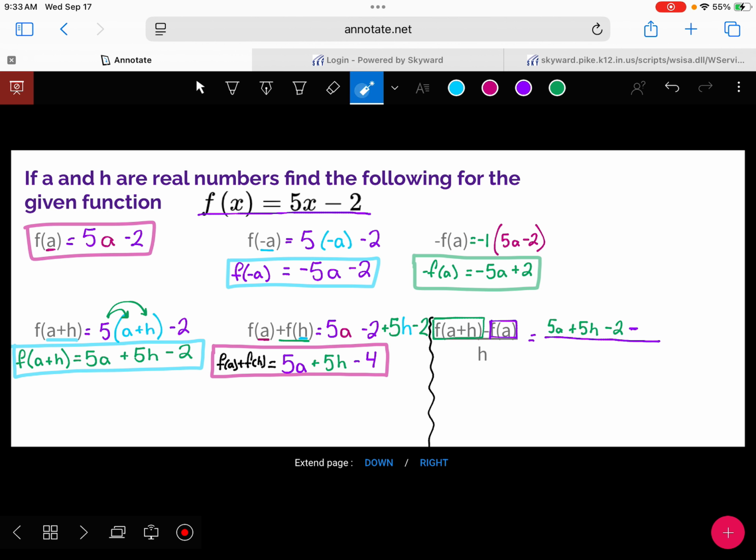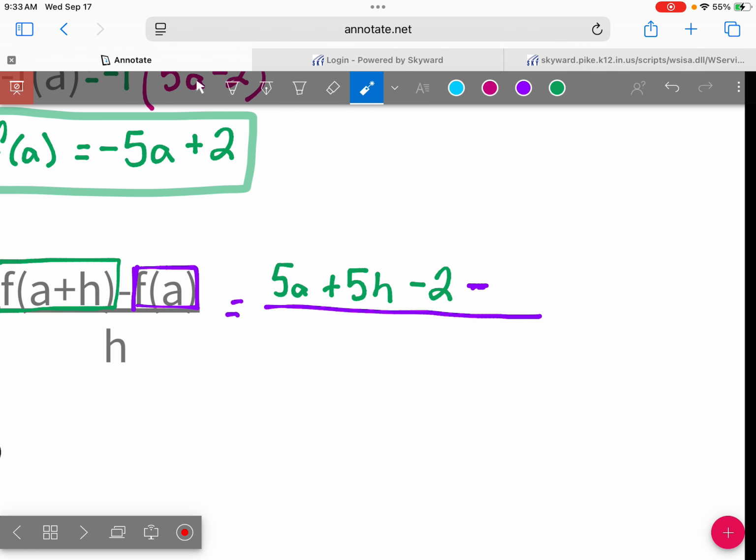Well, f of a is this guy. So we need to subtract 5a minus 2. Wouldn't you just use the negative f? You could also use this one and add this guy. That's also totally valid. And our denominator right now just has an h.